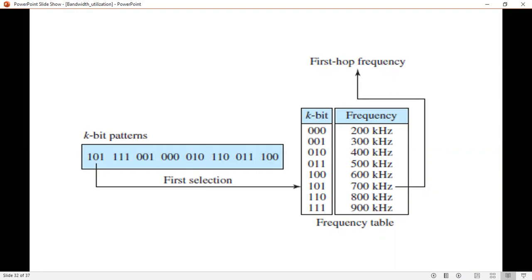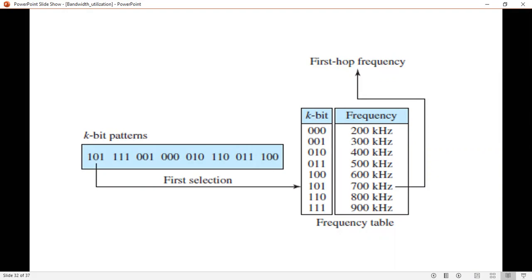The original signal is modulated onto this 900 kilohertz carrier, and in a similar way for the third k-bit pattern, that is 001. Where is it? Okay, the second one in the row. 001 selects a 300 kilohertz carrier frequency, which is modulated.